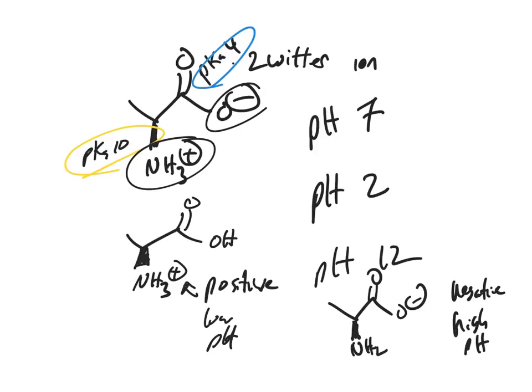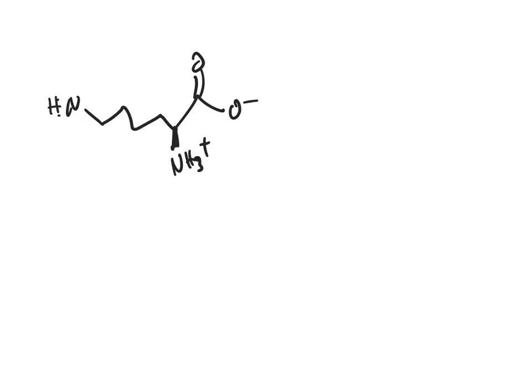So if you have a side chain that has a pKa, let's take lysine for example. I'm going to start off by drawing your normal 1, 2, 3, 4, 1, 2, 3. pH 7 solution here.